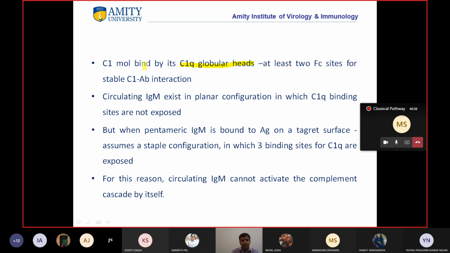So if there are 2 Fc regions, then there is a more stable interaction.